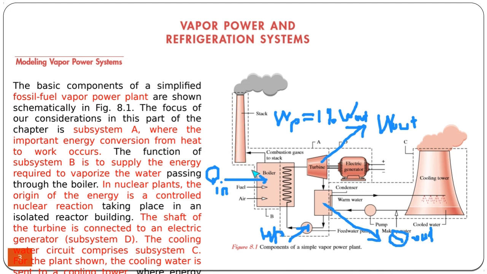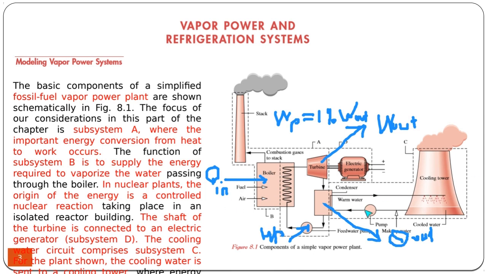So 90% of the energy of the fuel is converted to vapor energy, and maximum something around 30% of the enthalpy of the vapor can be converted to work here, and the remaining 70% must be rejected in order for the cycle to be complete.